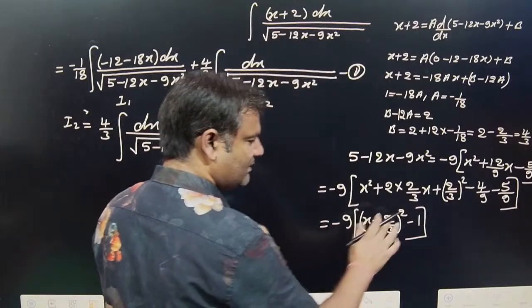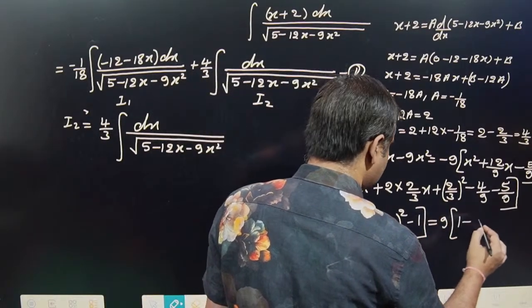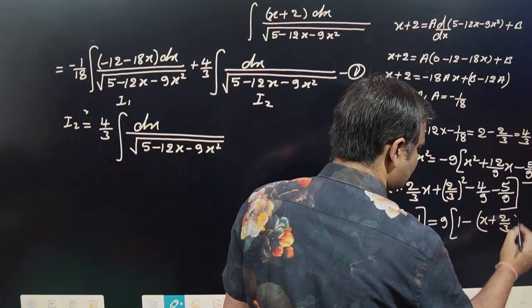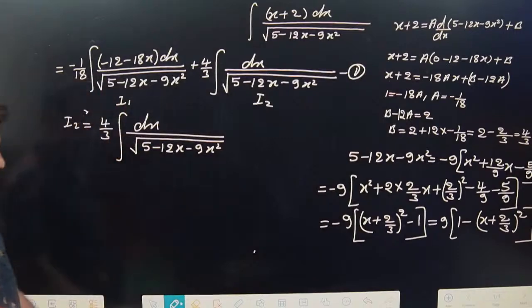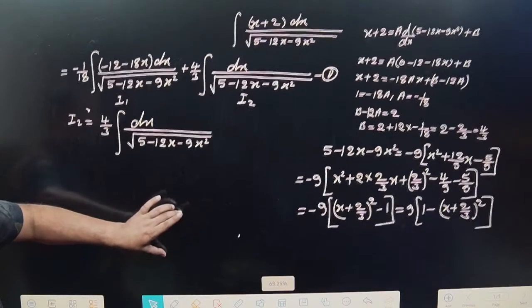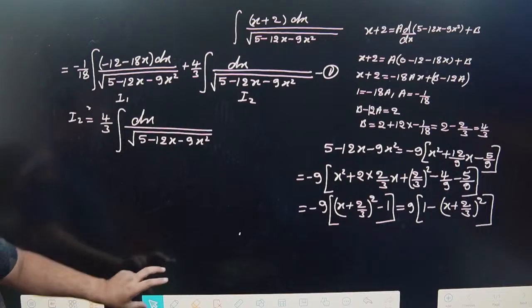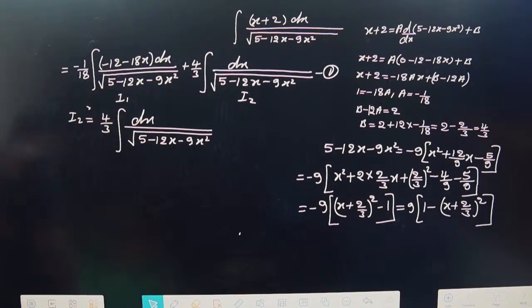After that, multiplying by minus 9, we get 9 times 1 minus x plus 2 by 3 to the whole square. If anyone faces any doubt at any step, then comment it, I will discuss again.